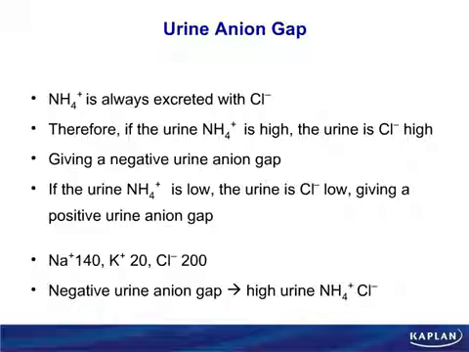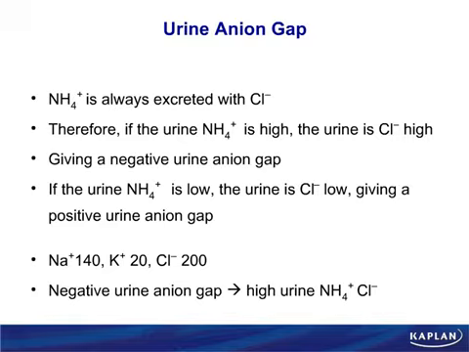You look for sodium, potassium, and chloride. You look for your two cations, sodium and potassium, and your anion, chloride. Let me give you some numbers. Let's say your chloride is 200, your sodium is 140, your potassium is 20. If you add these numbers up, you see that there are more anions than cations.